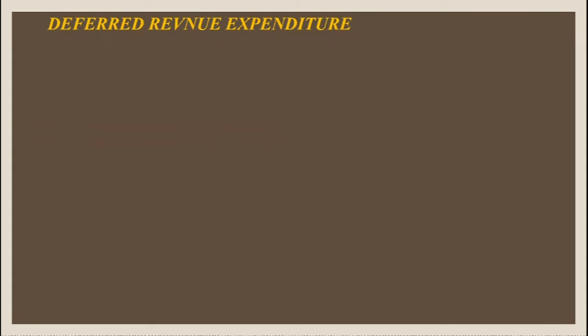But its benefit is likely to be derived over a number of years. So we can say that it is revenue in nature because you have paid the money for that, but the benefit you are going to get, you can easily spread the expenditure over a number of years. Why? Because the benefit you are going to derive from it is over a number of years.